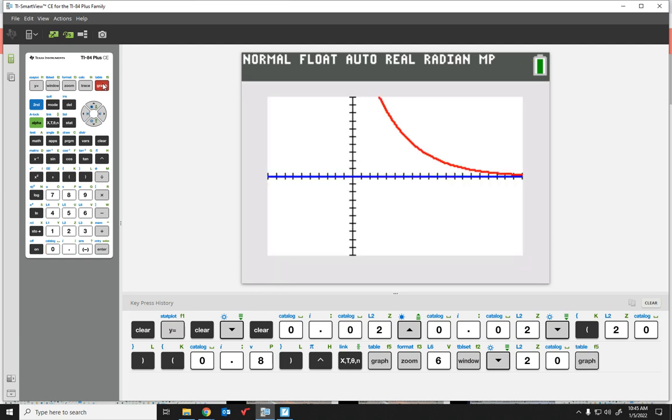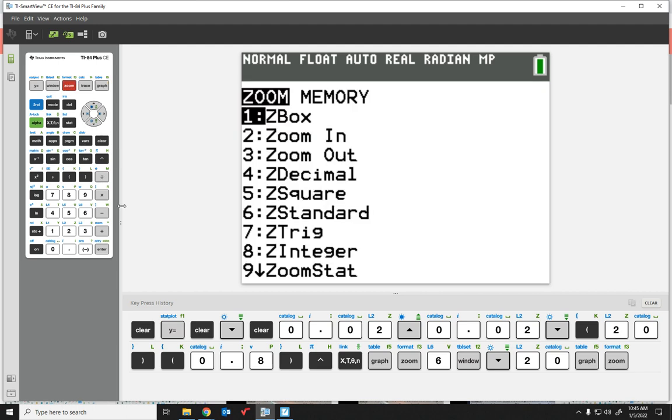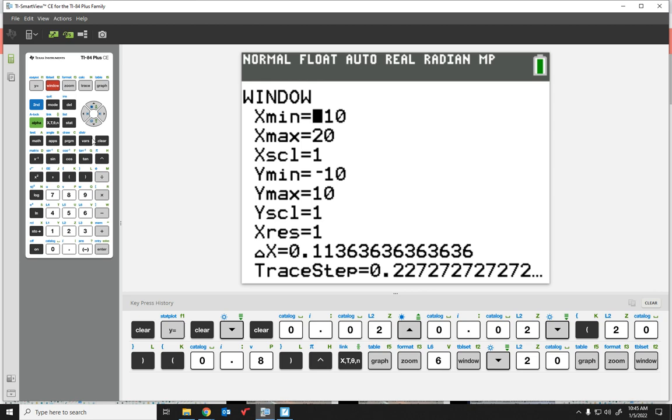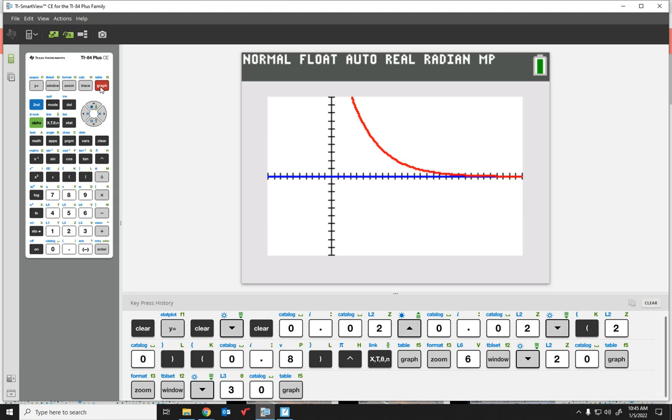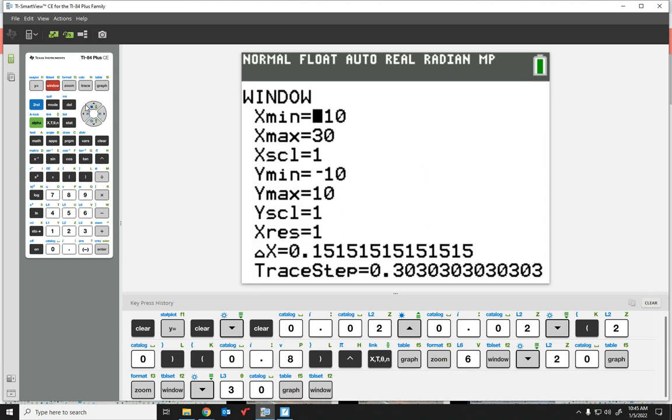Oh, not quite. Okay. So let's make it a little bit bigger. Let's do like maybe 30. The one equation might have a horizontal asymptote, so we're not quite seeing when it intersects. Maybe we should zoom in a little bit on this area so we can properly see the intersection point. We don't need all this empty space beneath the x-axis. So we'll change that to window, and then let's just make the y max 0.